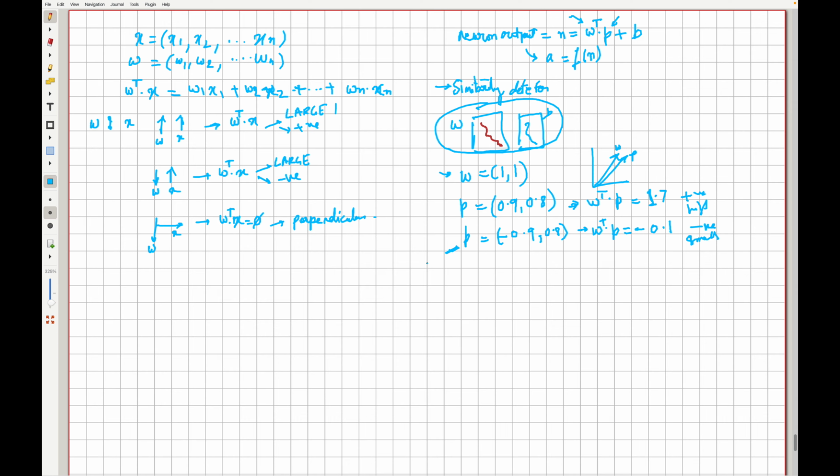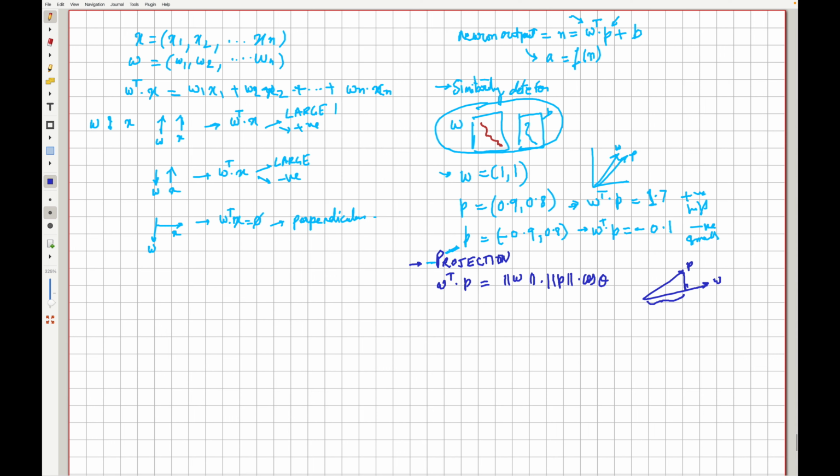The second intuition is that we can look at the dot product as projection. The dot product between w transpose and p is equal to the magnitude of w times the magnitude of p times the cosine of the angle between the two. So this is the projection of p. If we have some vector p, that is the projection of that vector onto the vector w, as we see here.